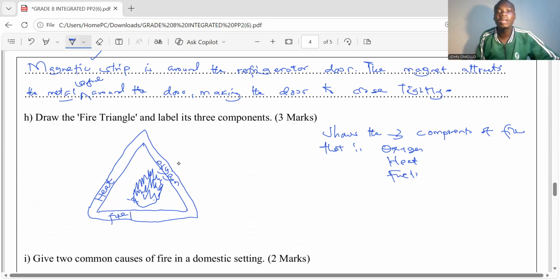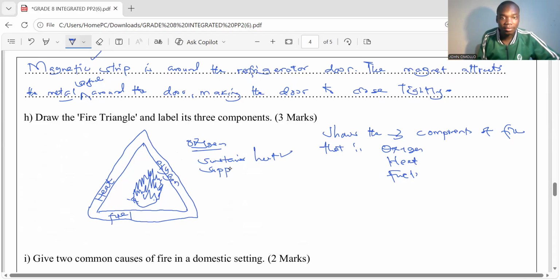So these are the 3 main components of fire. Oxygen sustains heat. Are you seeing that? It supports combustion. Combustion means burning. So that is the role of oxygen in this fire.